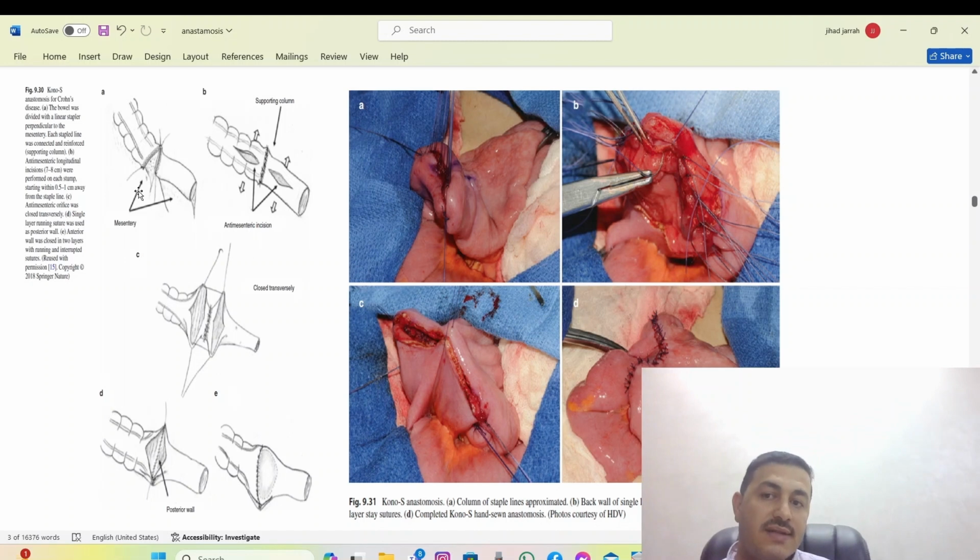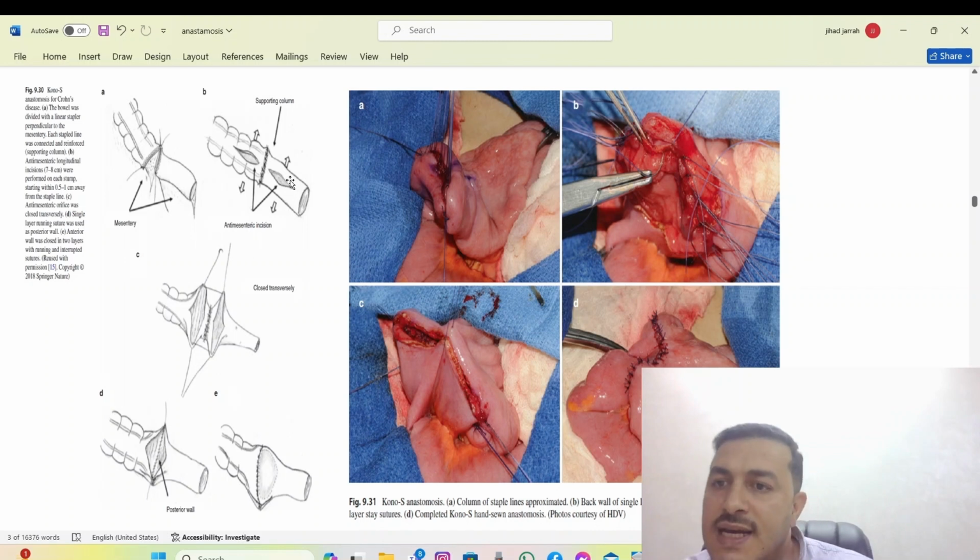The mesentery is not involved. We support the end with hand suturing. We resect it using staplers, and we remove the pathology. And what we do is create an incision at the antimesenteric border of the proximal and distal limb.